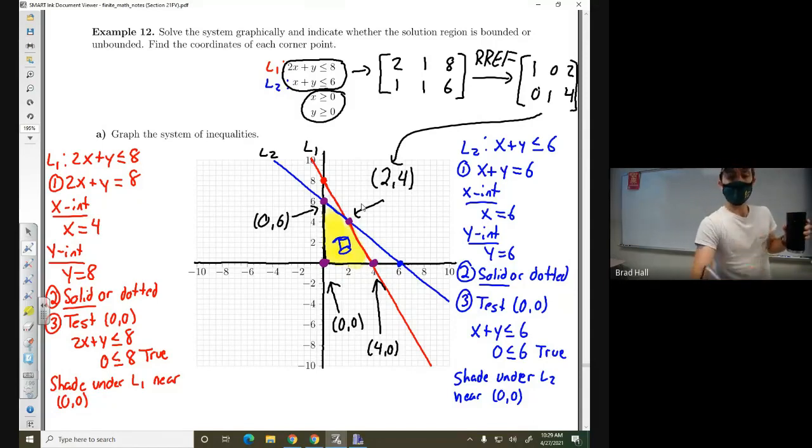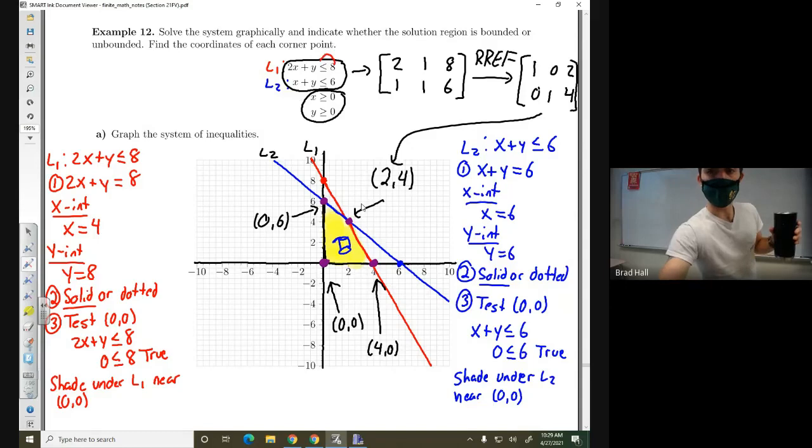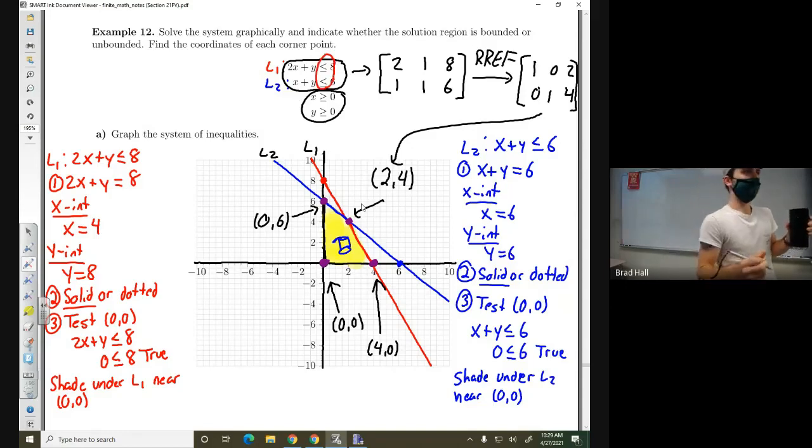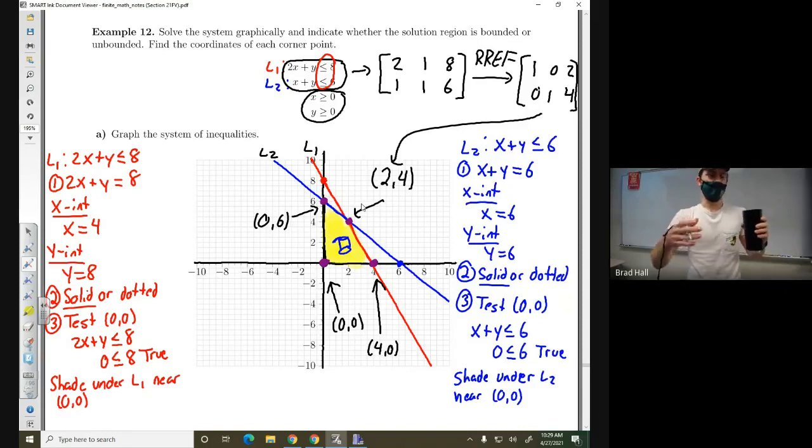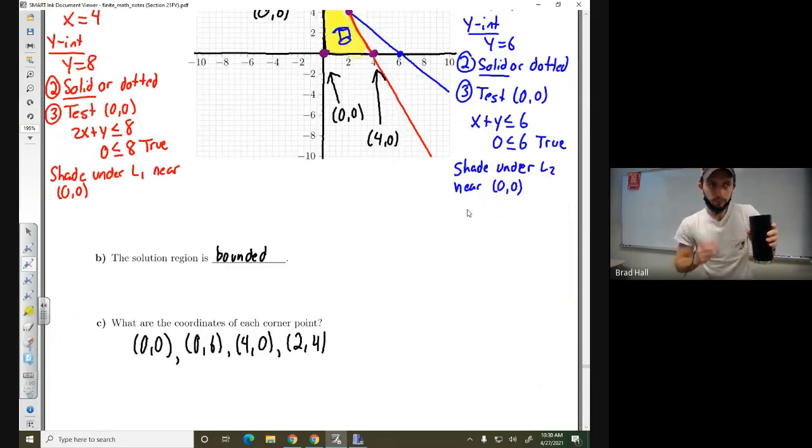Now, if these inequality symbols changed, where we shade is going to change. But for the non-negative restrictions, those are just default. Those will never change. They will always be x is greater than or equal to 0, y is greater than or equal to 0. Okay. Well, if there's no other questions, let's move on to the next example.